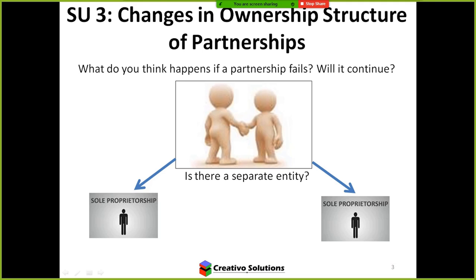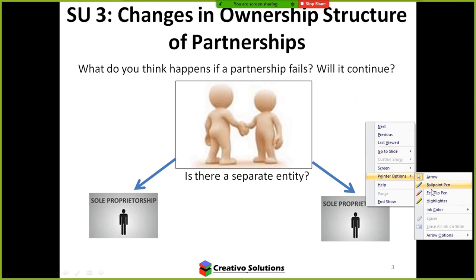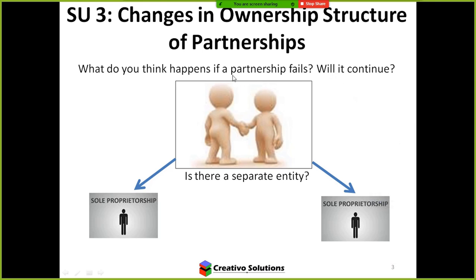Because it's not working out. Or the company can't survive. Why can't the partnership continue? Maybe there's not enough profit.